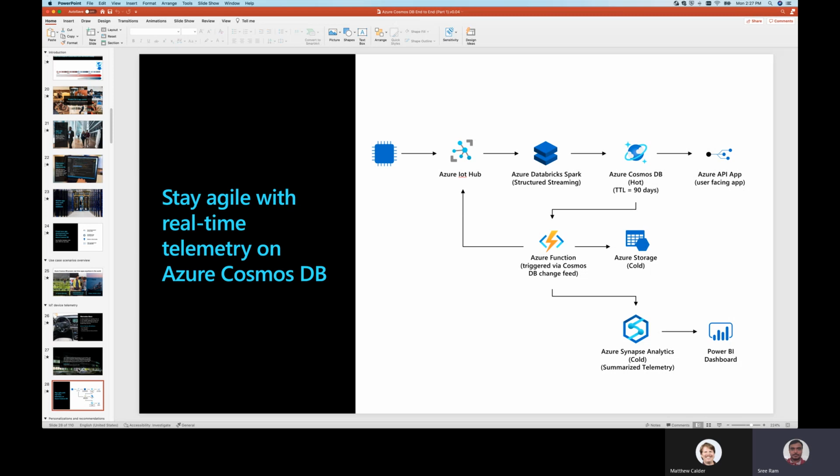So this is an example of how you can use Azure Cosmos DB as a centralized database, wherein it works with modern microservice techniques such as Azure functions, and also with cutting edge technologies like Databricks Spark, and last but not least, could ingest high volumes of data from your IoT devices.